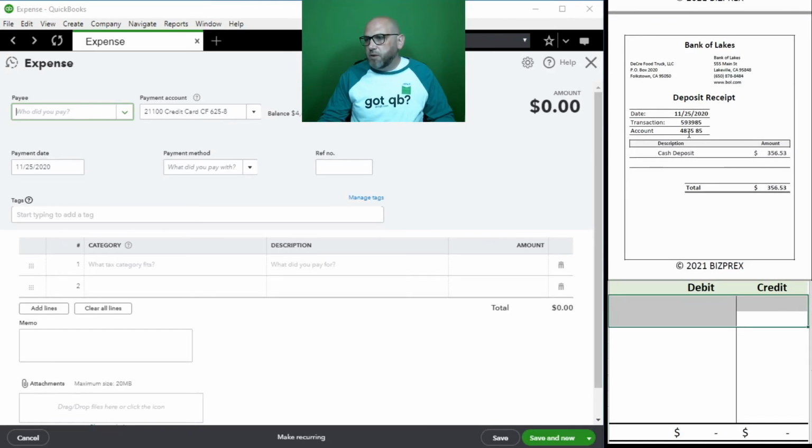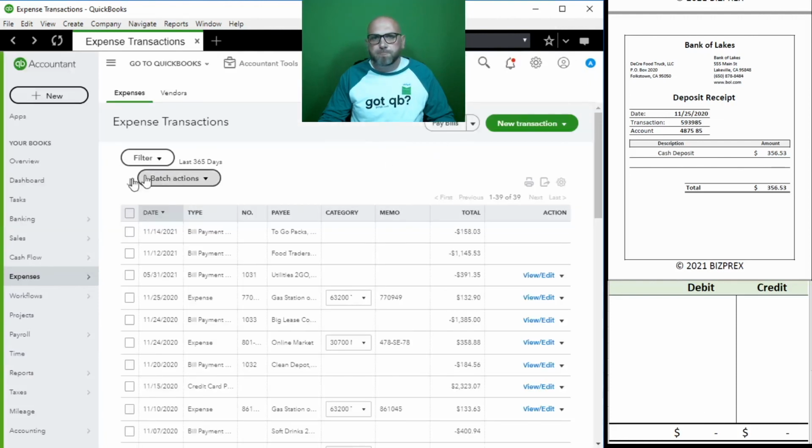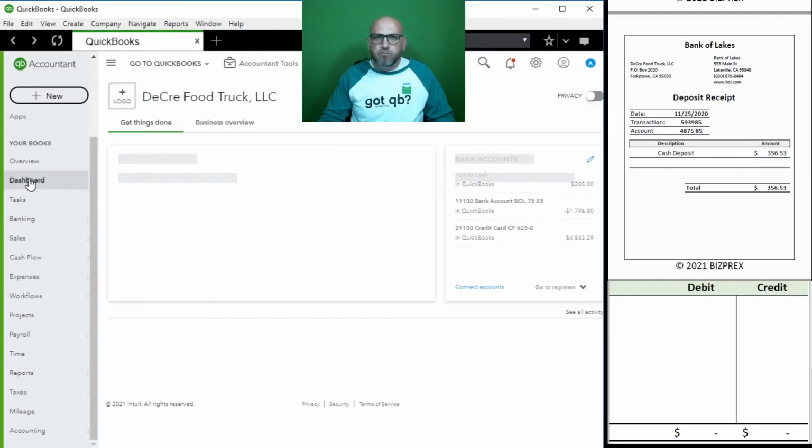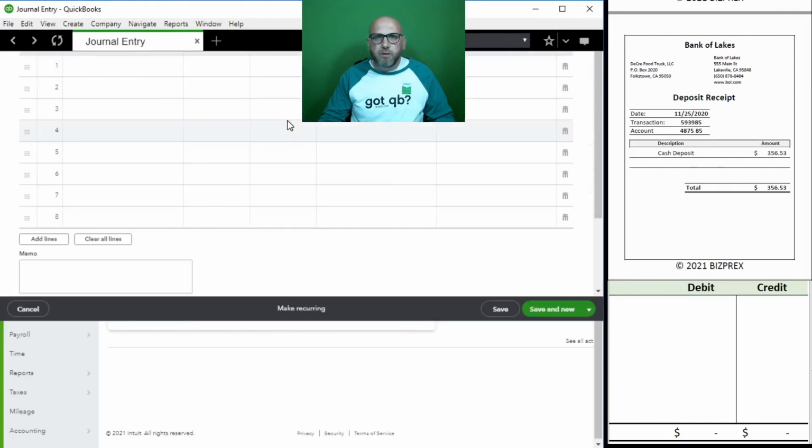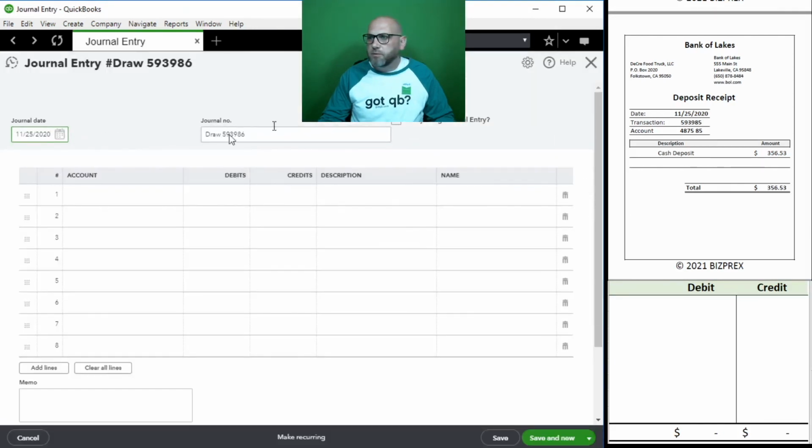Okay, next we have a cash deposit that we made, right? We got some cash from our customers. We're going to deposit it. We're going to do it through our journal entries. We've done that before.